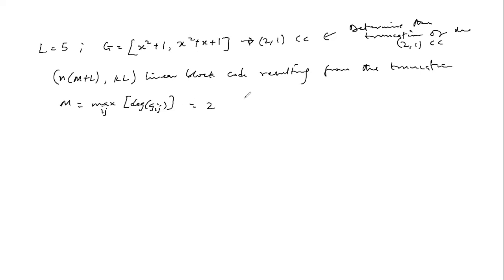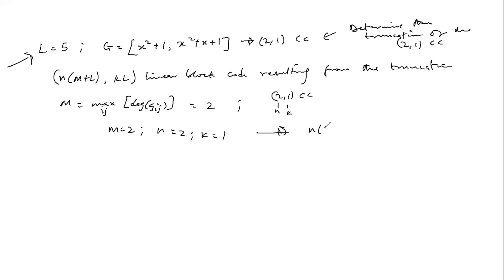So we also have that for the 2,1 convolutional code, n is equal to 2, and k is equal to 1. We already know L to be given as 5. Then we can now posit the things properly.